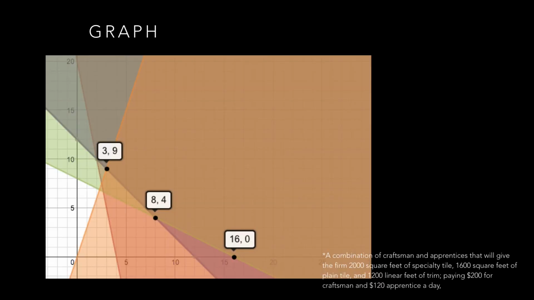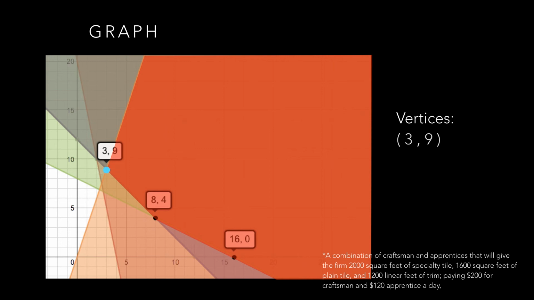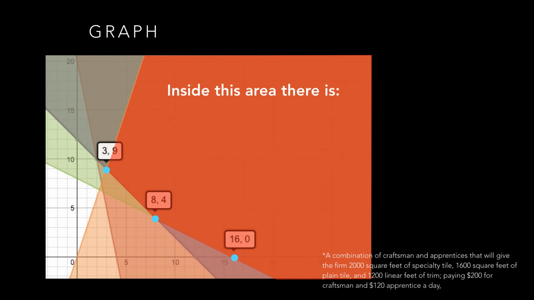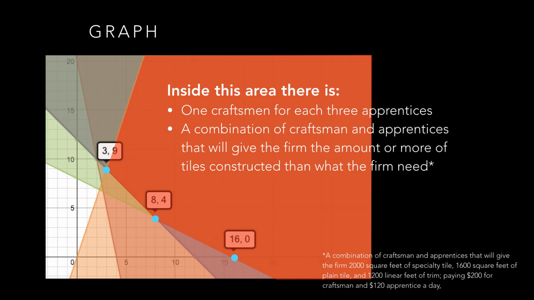Now graphing with the new inequality. The vertices 3,9, 8,4, and 16,0. Inside this area there is one craftsman for each 3 apprentices, and a combination of craftsmen and apprentices that will give the firm the amount or more of tiles constructed than what the firm needs.